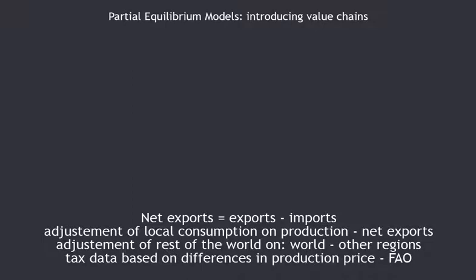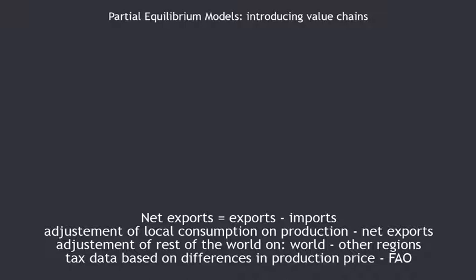In reality, we have exports and imports in each country, or almost each country. So we take the difference between exports and imports. If it is positive, we suppose that the country is only exporting, and if it is negative, we make the assumption that the country only imports.